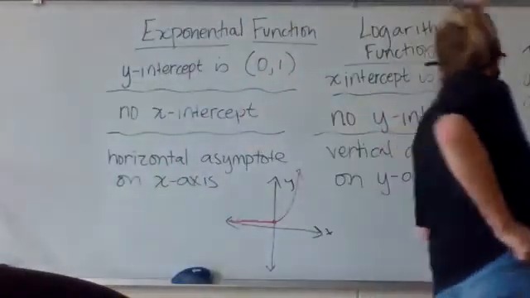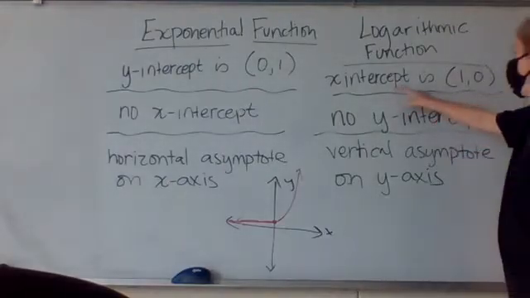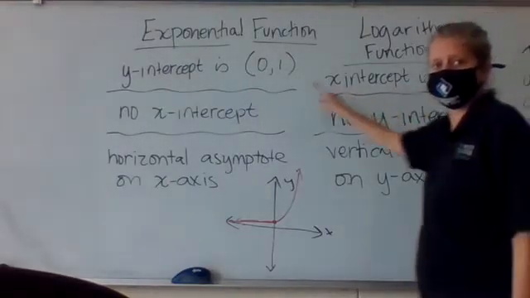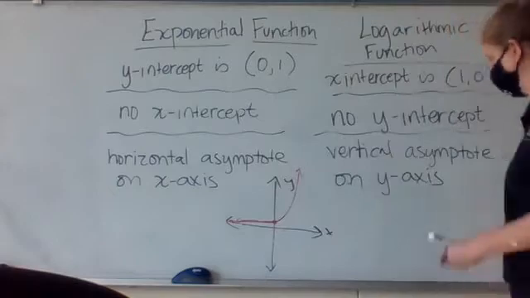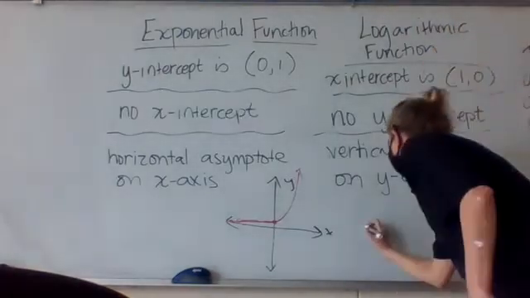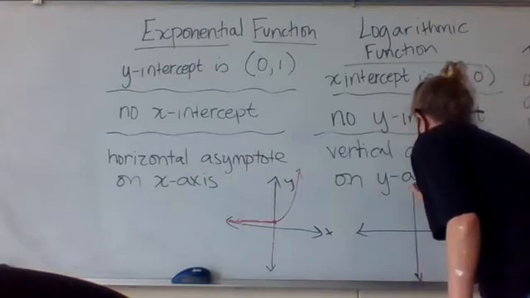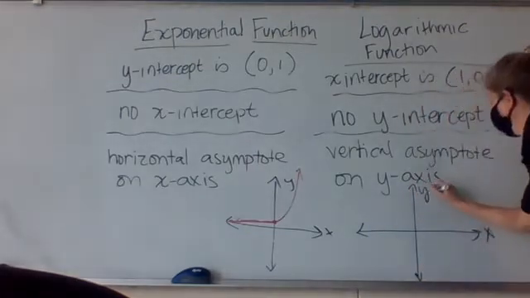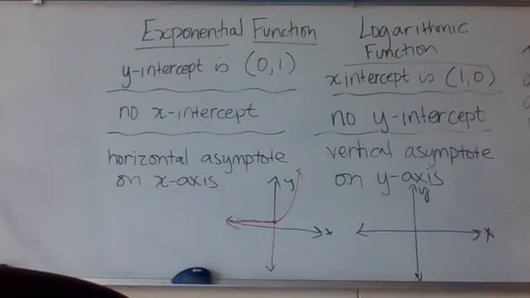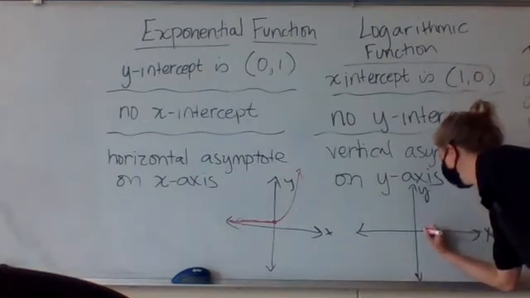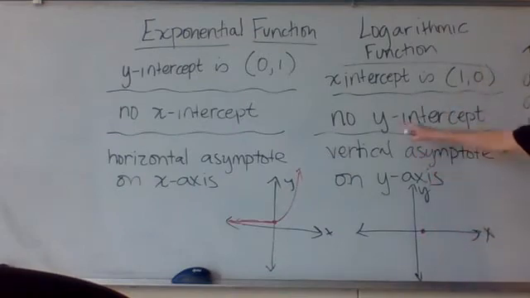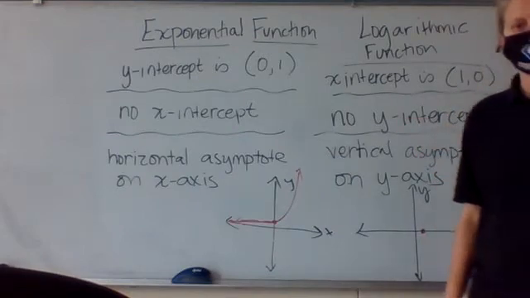Now, a logarithmic function has an x-intercept at 1 instead of a y-intercept. So let's think about where that is. Its x-intercept is at 1, so it's going to cross through the x-axis right here. There is no y-intercept.